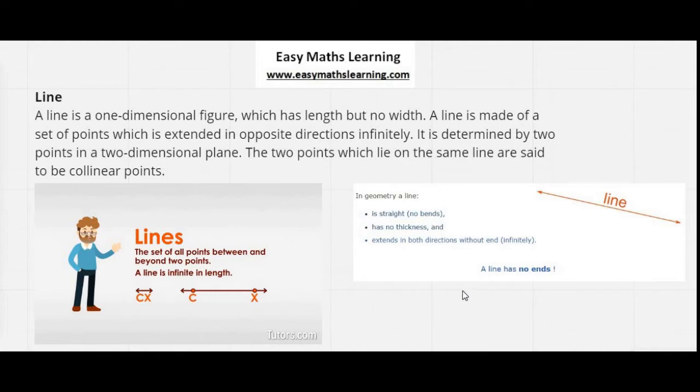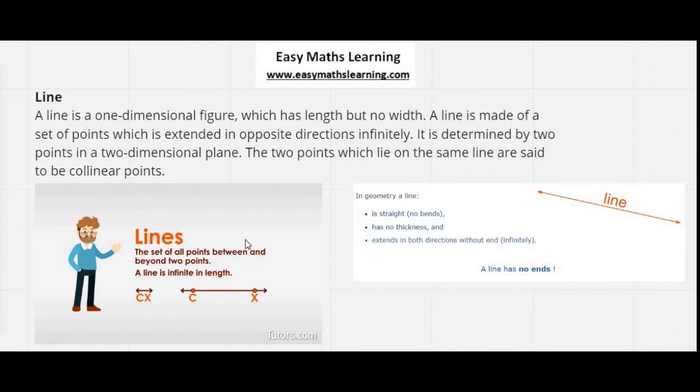So this is the basic definition of a line. There are different types of lines, that is intersecting lines, parallel lines, and many other types of lines. I am just giving you a picture of that, and we will come to it just after this. Go through this one for a minute or two and try to understand it properly.